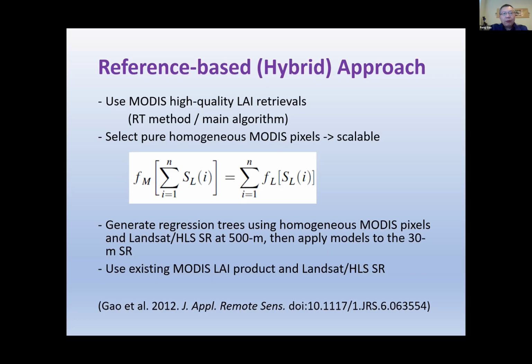Once we have 500 meter spatial resolution samples, we can generate a regression tree, as in the previous publication, and then apply this model from 500 meter resolution to 30 meter resolution, because those are scalable at different scales based on the homogeneous pixels. So that relies on the existing LAI product and also Landsat or HLS surface reflectance.